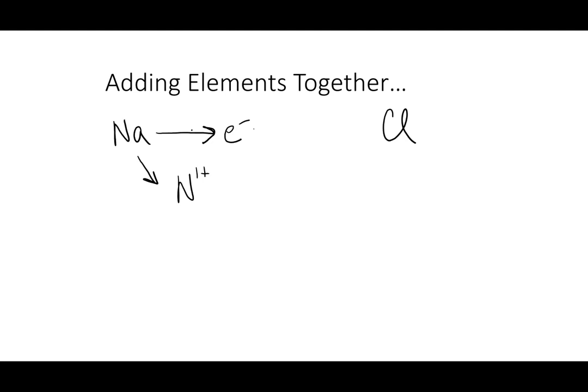He's going to see this electron just floating around, and he's going to say, "Thank you very much. I will take that electron." When chlorine takes on that electron, he will become an ion, a charged particle. Stealing is a bad thing, so he's going to have a negative charge.